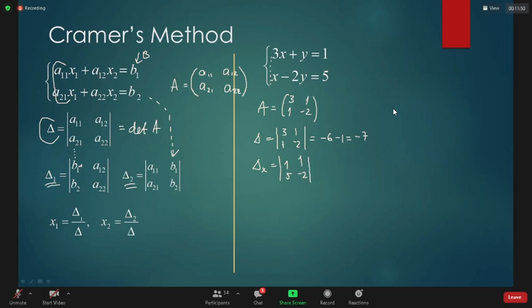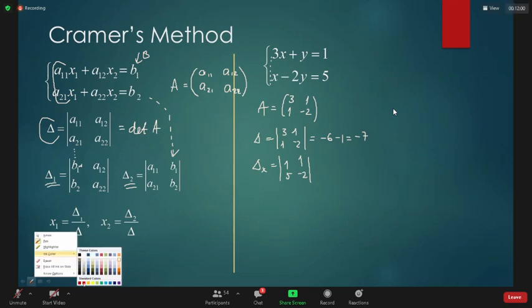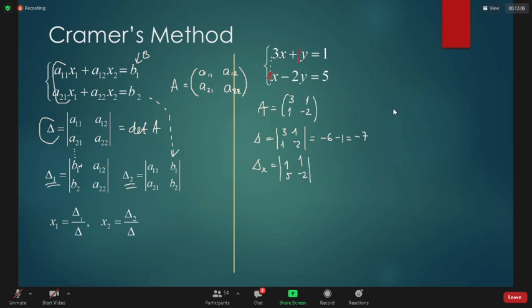At this moment, there are oftentimes mistakes. If you see a variable without a coefficient, please remember that this means that its coefficient is 1. And you have to put 1 in the matrix, like here and like here. So that's of course essential.